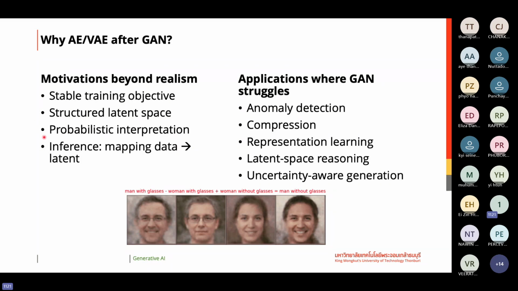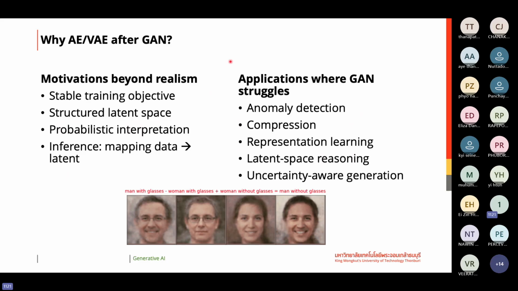Okay. And it has the probability interpretation for the data set, and inference itself would be mapping data to latent. So converting data to the latent, not competing in a game theoretic way. Okay, so these are the reasons, right?